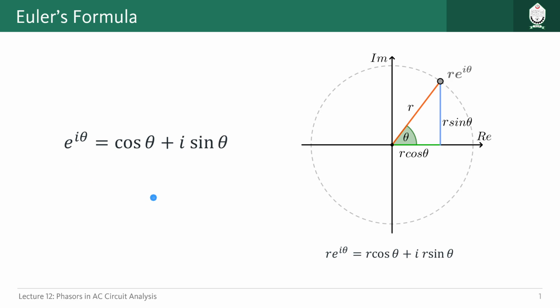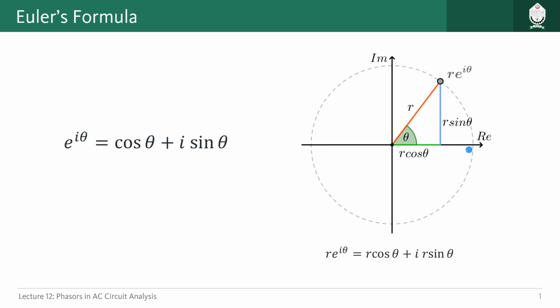But for now, in this lecture, we want to visualize how this complex number can be represented in a complex plane. So this e to the power i theta is obviously a complex number. This is the real portion, this is the imaginary portion, and here on the right we have drawn a complex plane.